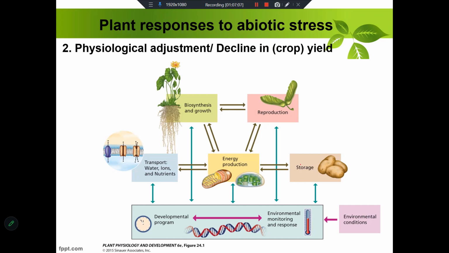And storage, like translocation of food and storing. Transport, water and nutrient uptake and transportation, they are also physiological processes.